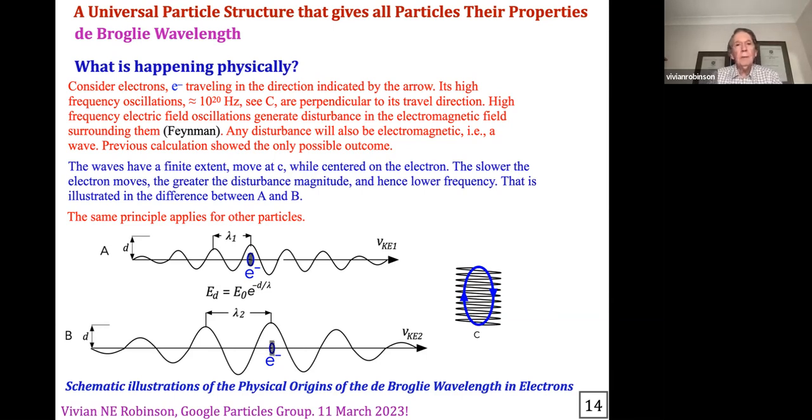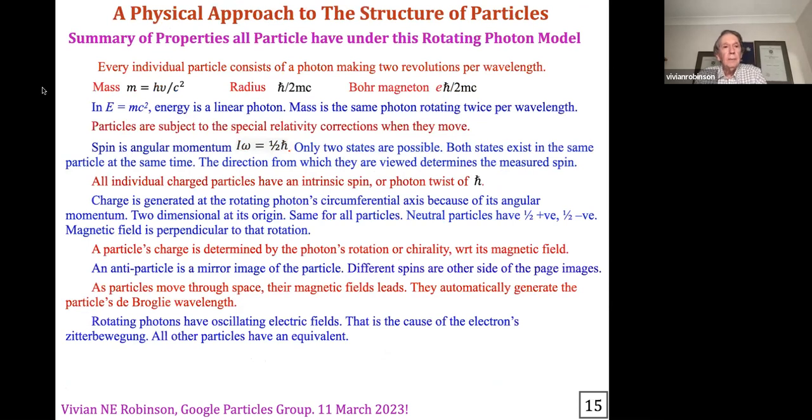So, just to give a quick summary of the properties that all particles will have: every individual particle consists of a photon making 2 revolutions per wavelength. That gives its mass, its radius, its Bohr magneton. Now this I haven't calculated; this is measured.